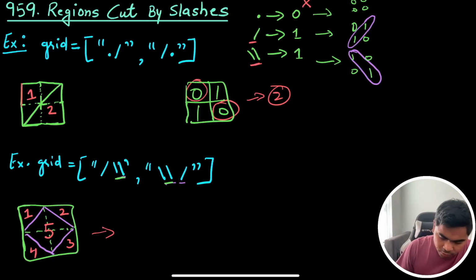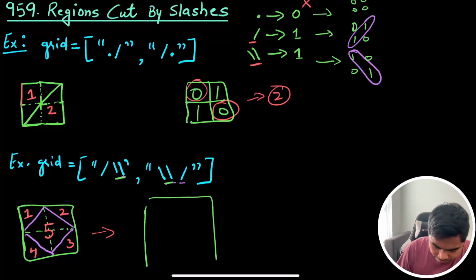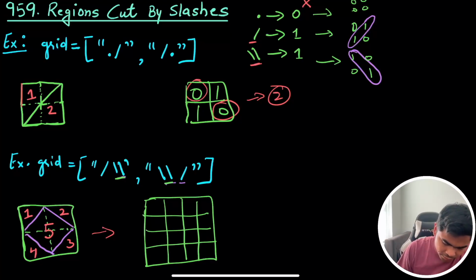But let's see if this is going to work with this shape. This time it's going to be of this shape, because you are multiplying each grid into 2 by 2, right?